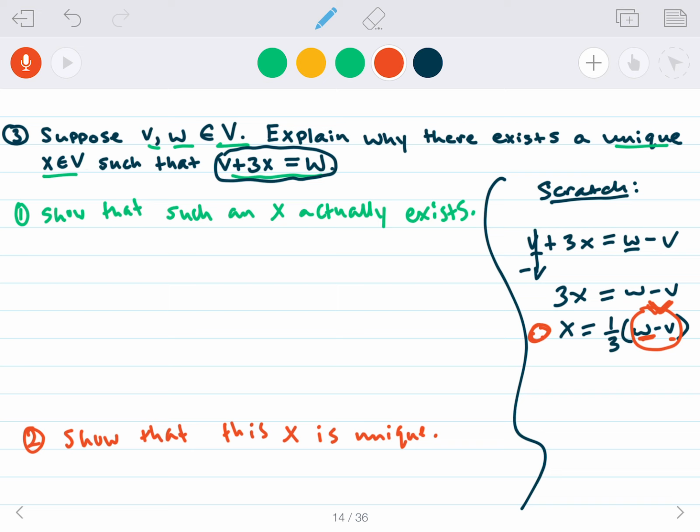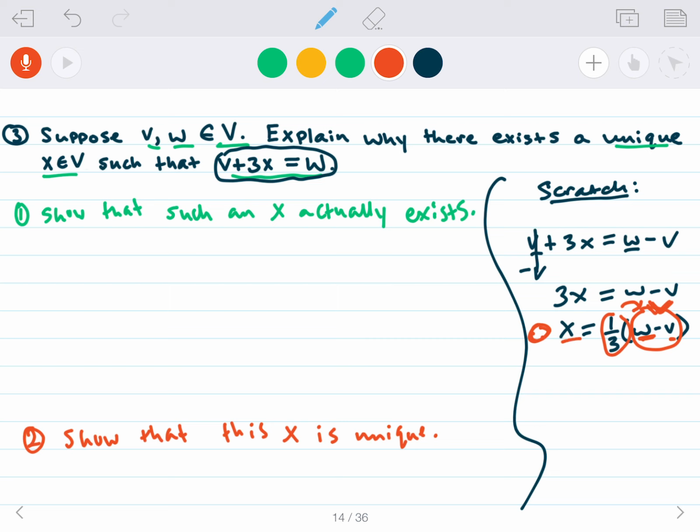And remember, Axler says, I think in the first chapter, that our field that's lurking in the background, unless otherwise mentioned, is going to be the real numbers or the complex numbers. So our scalars are either real or complex numbers, and 1/3 is in both of those. But anyway, 1/3 times a vector in our space is also going to be in that space because it's closed under scalar multiplication.